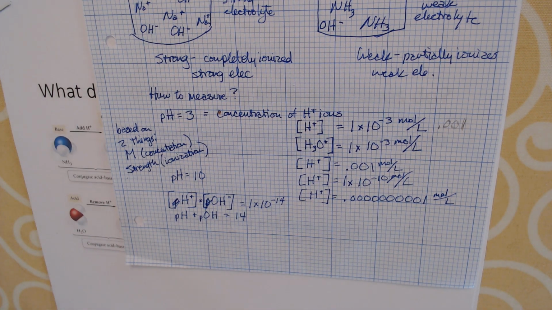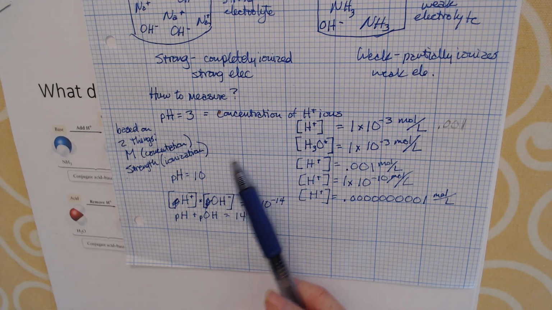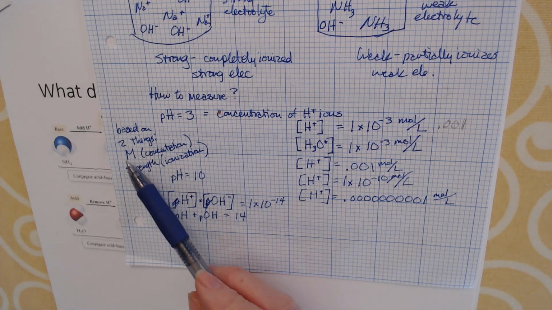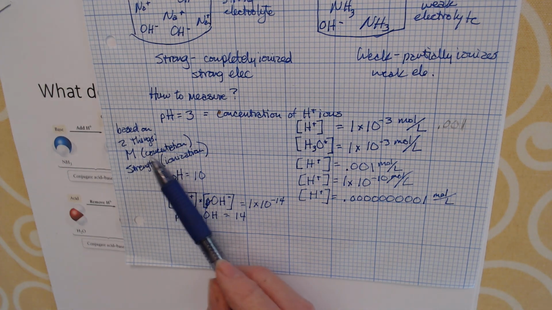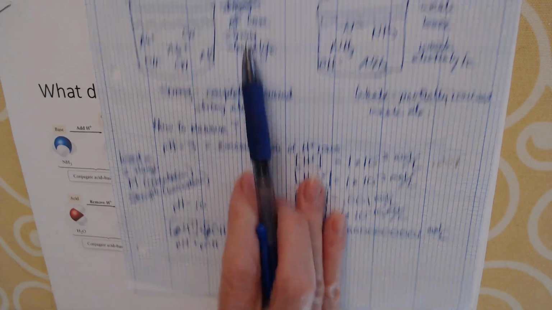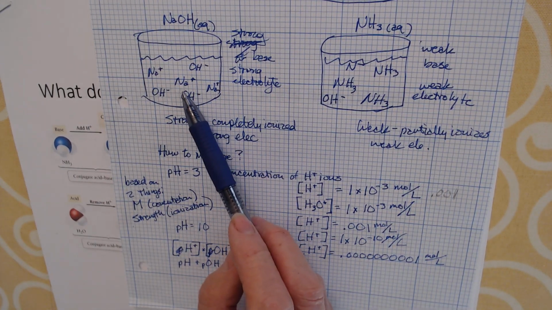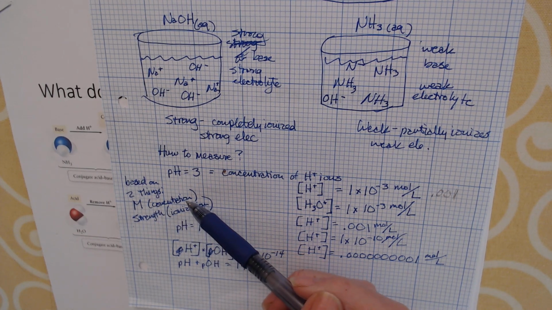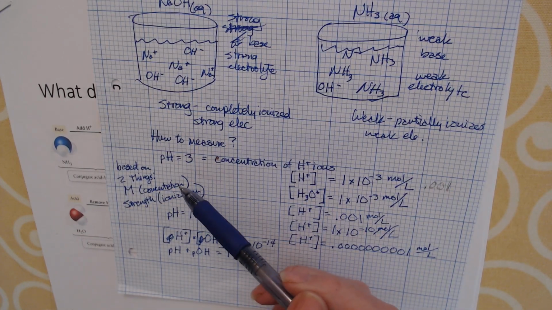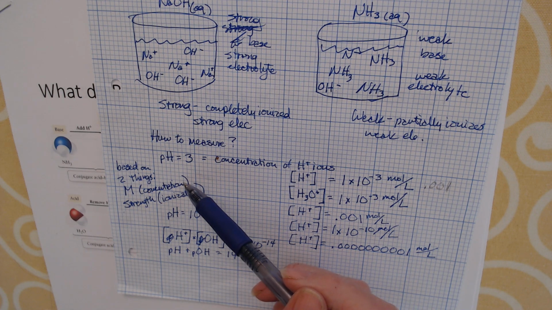Okay? The other thing to know is that when we talk about this, we're talking about two things that affect this. Number one is the concentration of the solution. In other words, how much sodium hydroxide did I put into my water here? Okay, and that's molarity, like we learned about, or moles per liter, like we learned about in solutions, right?